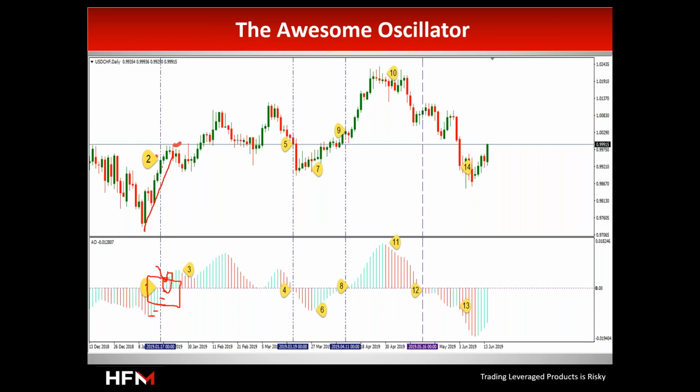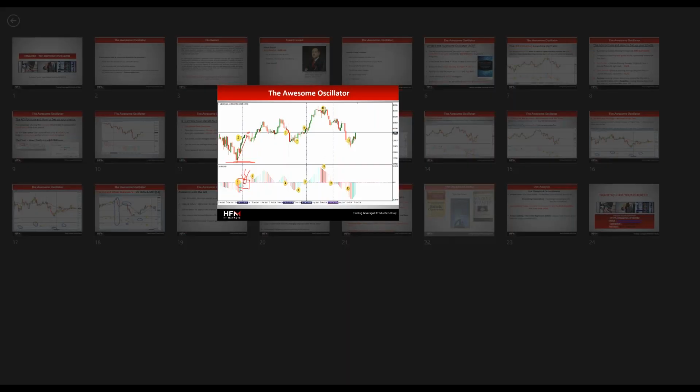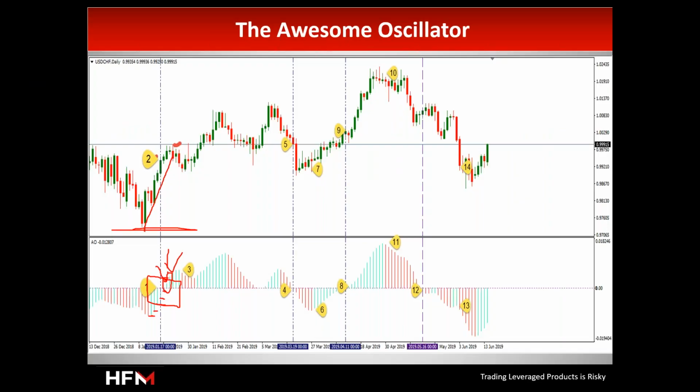So on the third consecutive bullish candle after this bottom, we finally got a turn of the Awesome Oscillator into a positive one. So that was a confirmation that over here, let me clear a bit of this mess, you can finally open a long position since the bullish bias has been confirmed.